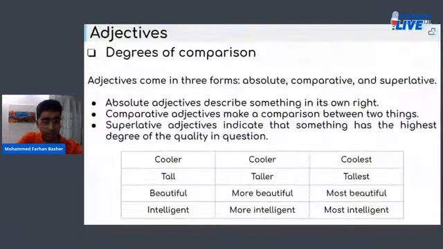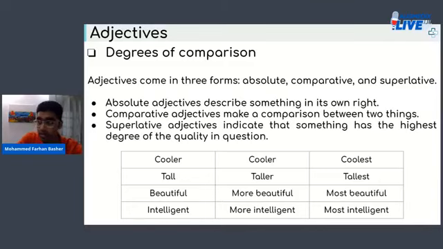Then we have degrees of comparison. Degrees of comparison, right? Adjectives come in three forms: absolute, comparative, and superlative. Absolute adjectives describe something in its own right, such as, for example, if you say that she is a very tall person, right? Or he is a very cool person, right?